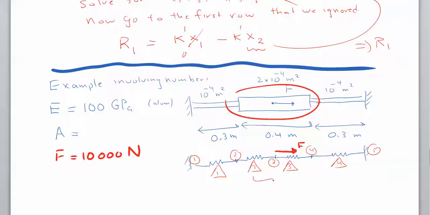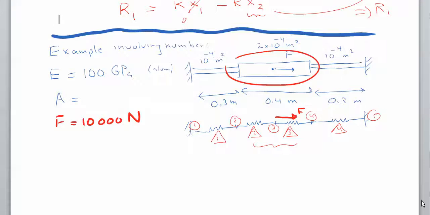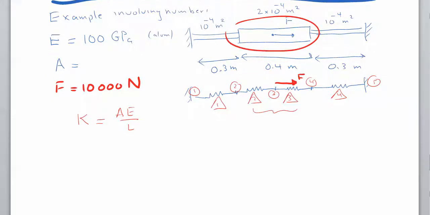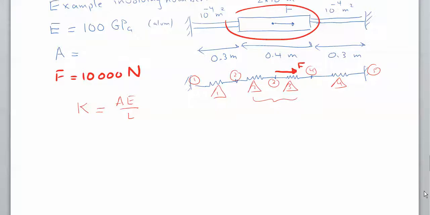These 2 elements, elements 2 and 3, have the same stiffness, and you do recall that at the beginning of the hour we said that each one of these has a stiffness AE over L, its own length, its own area, and its own Young's modulus. So in principle, I have to go and calculate all of these, and let me do that in the form of a table for you. So I'm going to make our job easier, so I'm going to make a table like that.